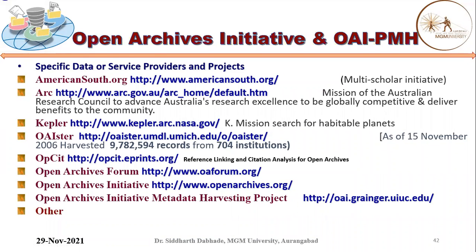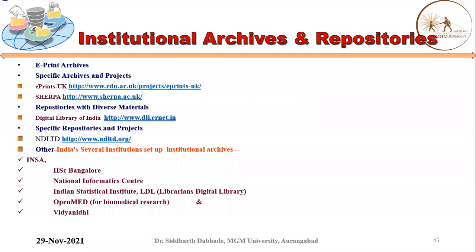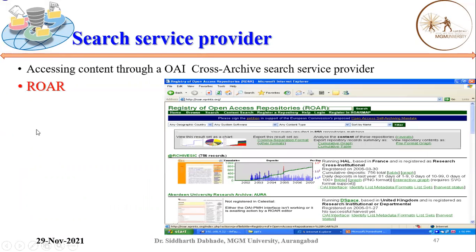Okay, so this is the Open Archives Initiative, and these are the links. I don't want to discuss these links, journals. These are the links of EPrints, institutional archives, repositories. These are typical examples where search services have been provided. Like ROAR, which is the Registry of Open Access Repositories. You need to register on ROAR, and then it can be easily accessed and searched by search service providers.